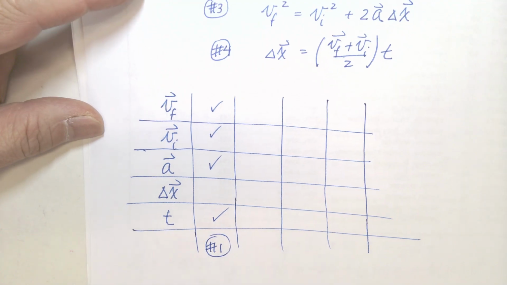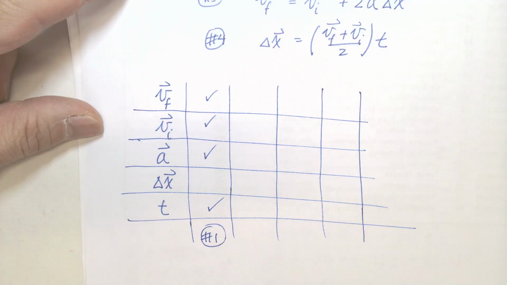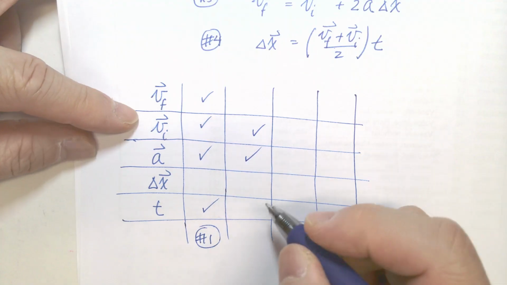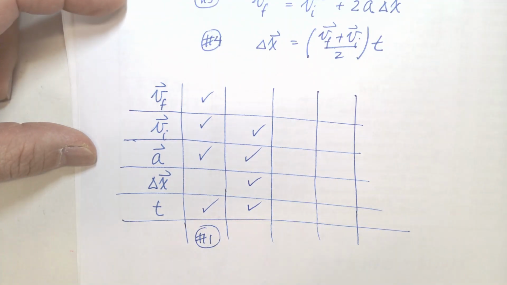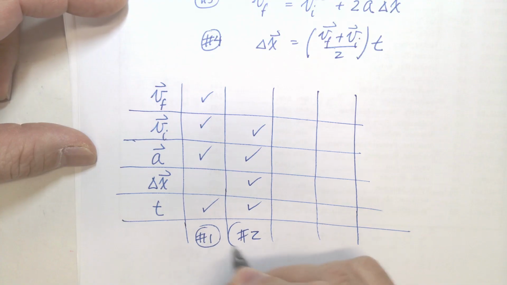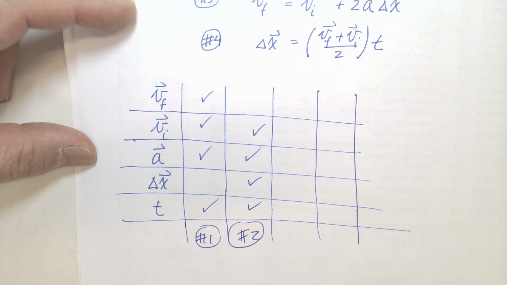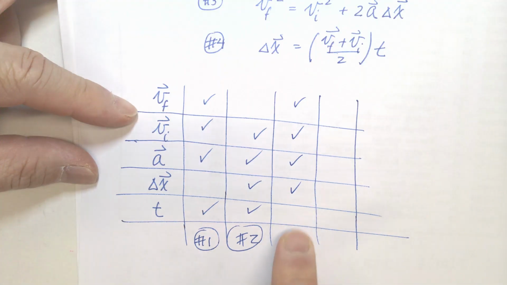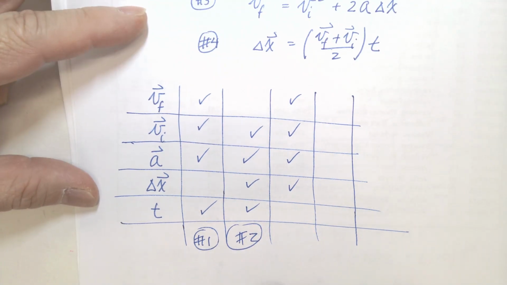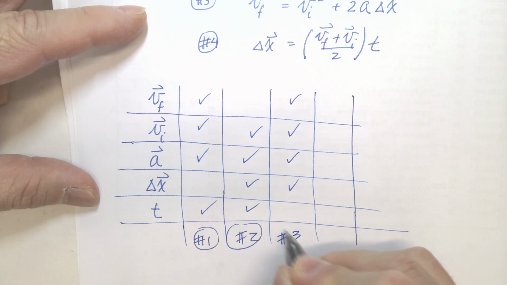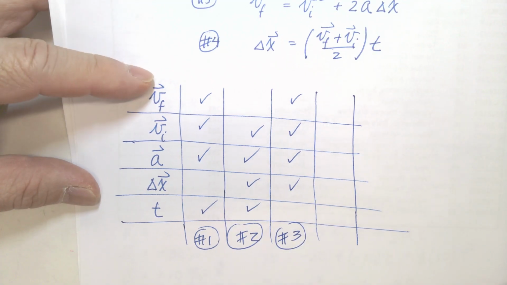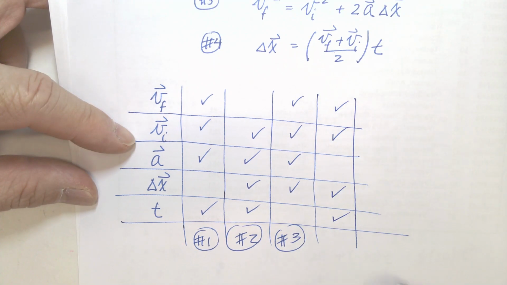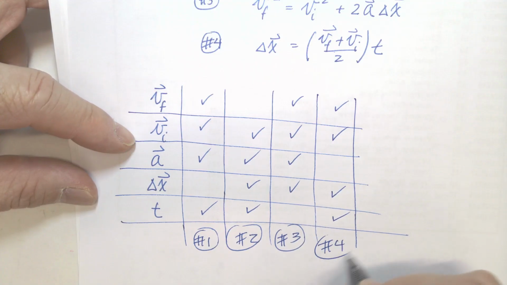And if we have, let's say, this and this, we use equation 2. If we don't have time, and time is not involved, then we use equation number 3. And if we don't know the acceleration, but we know it's constant accelerated motion, then we use equation number 4.